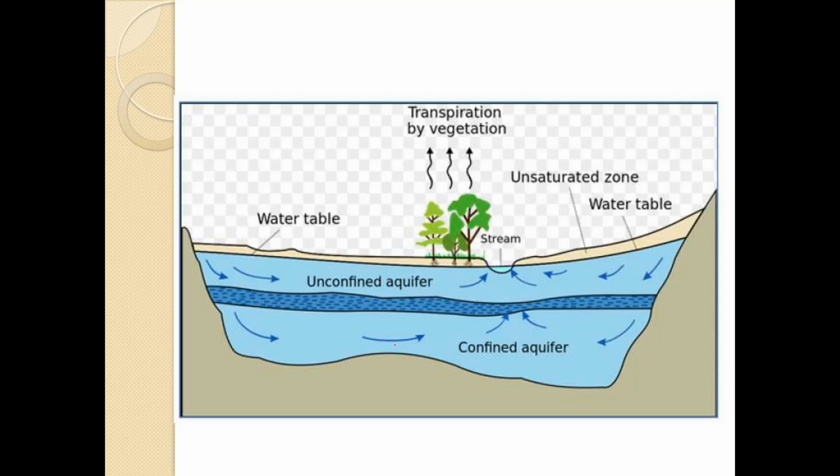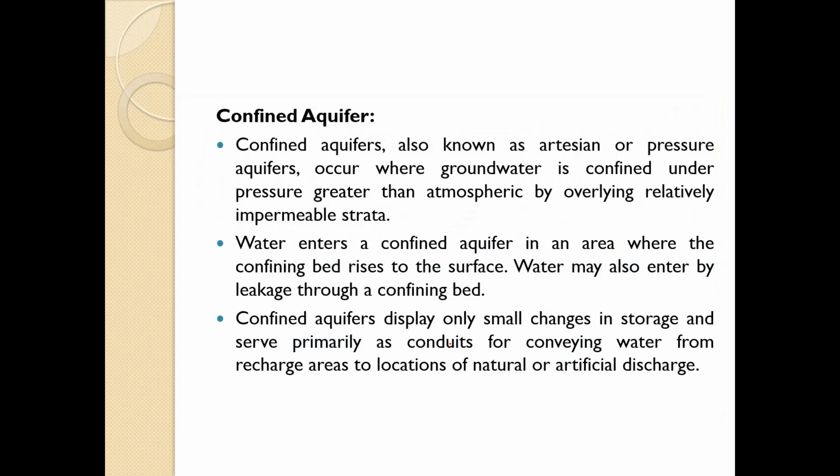And in the confined, you can see this is the layer because of which it has been confined, or the storage has been in a confined manner. Again, in unconfined, it can vary with the water table also, and in between you can see the stream. Again, transpiration is there due to the vegetation. Some unsaturated zone might be there above the water table. So this is the unconfined aquifer, and this is the confined aquifer.